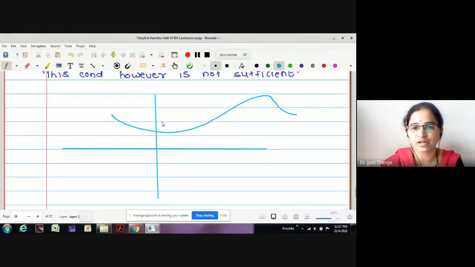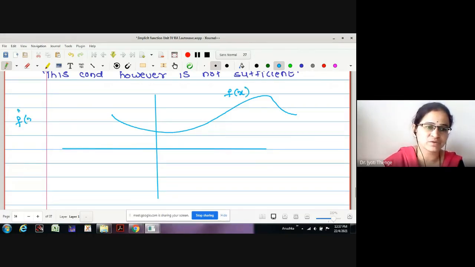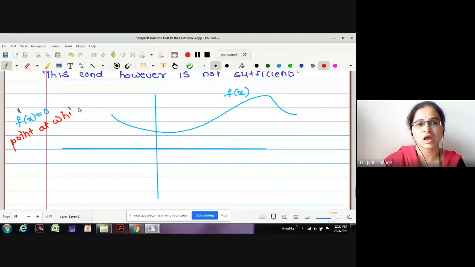For this f of x, if we are finding f dash of x equal to 0, we are finding a point at which the slope of the tangent is 0.